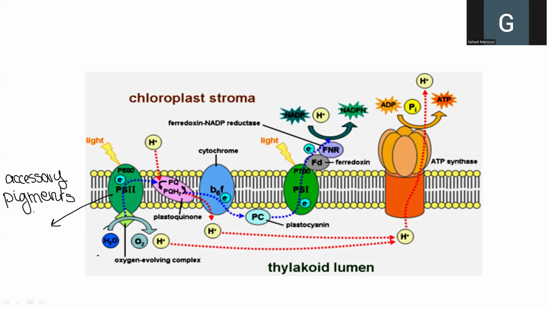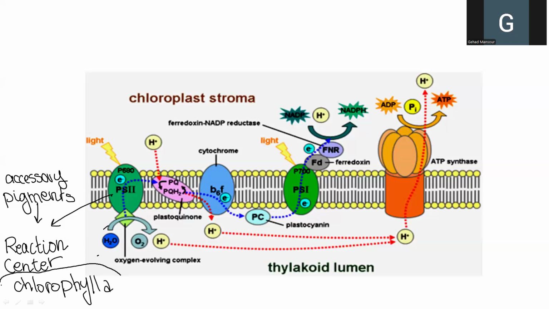Because these accessory pigments will finally transfer their energy to the reaction center, the center of the pigments and the center of the light-dependent reactions, which is actually chlorophyll A. And by the way, chlorophyll A is the central molecule in both photosystem 2 and photosystem 1.